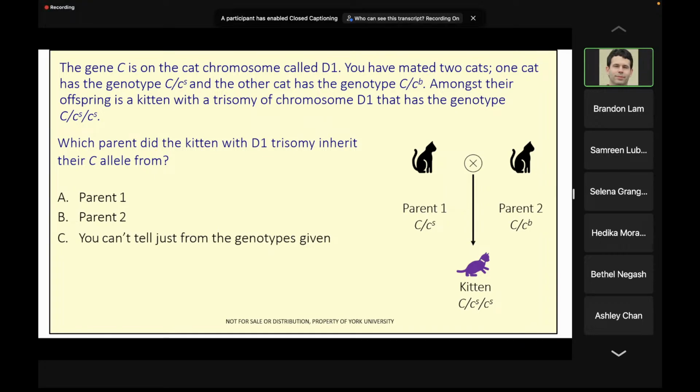What parent gave the big C? Yeah, it's parent 2. Does everyone see that? It's not like all of the chromosomes come from one parent and none from the other. This parent donated the CS. It actually donated too much. 2 of them got stuck together and it donated both of them, whereas parent 2 donated the big C. You see that? Okay, good.